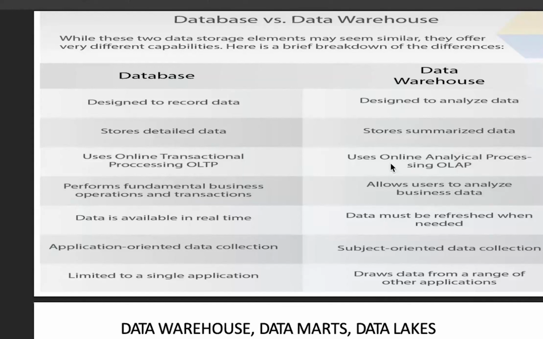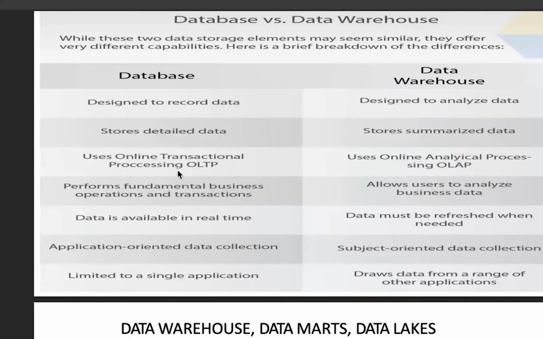Online analytical processing is for analytical purposes. You want to query, you want to build your Power BI from that, you want to analyze the data, you want to do your exploratory data analysis, that's a data warehouse.